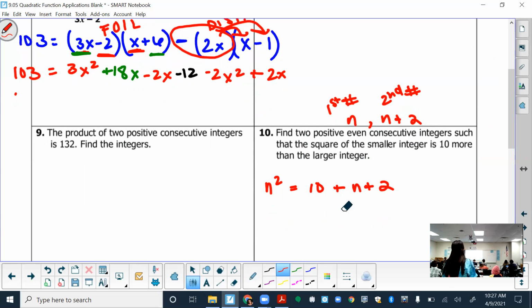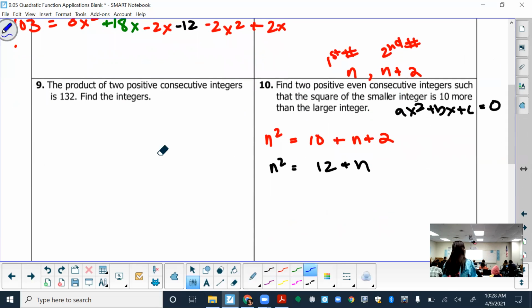All right, but then you would rearrange this so that it looks like the correct format. All right, so I would probably move everything to the left side so that that n squared stays positive. So I would first combine like terms. So 10 plus 2 is 12 plus n. And then I would keep moving things to the left.